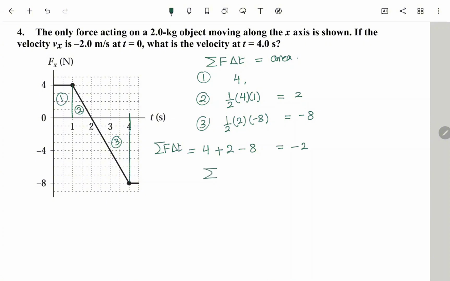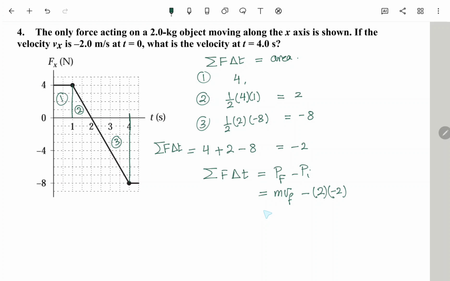Remember, sum of all forces delta T is equal to P final minus P initial, or equal to M V final, that's what we are looking for, minus the mass times the velocity at t equal to 0, which is minus 2.